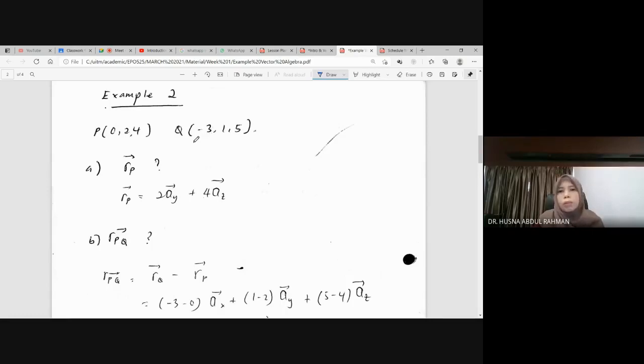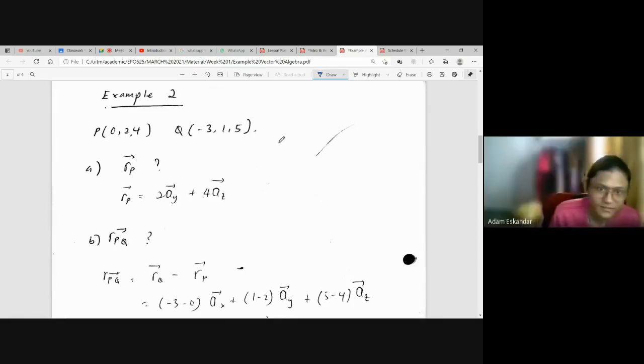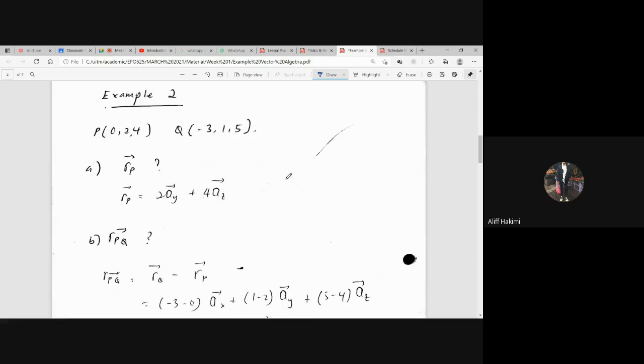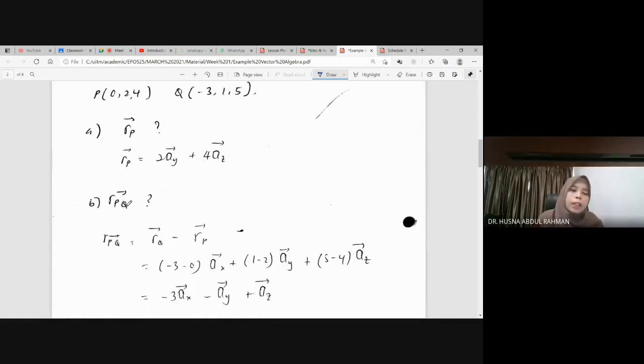Can you tell me what is position vector Q? -3ax plus ay plus 5az. Yes. Okay, senang je kan?